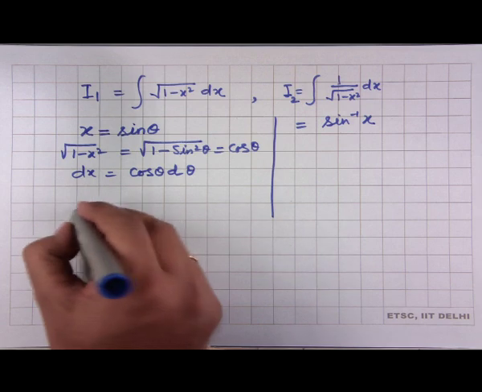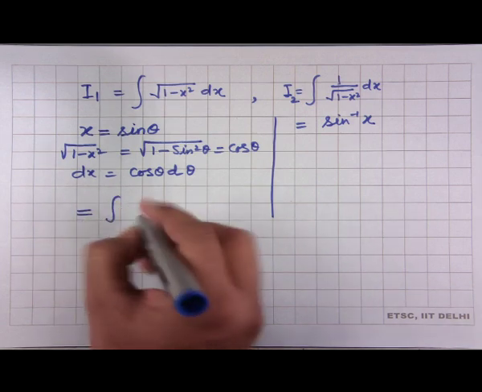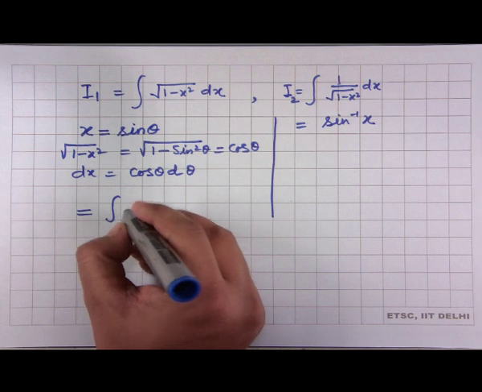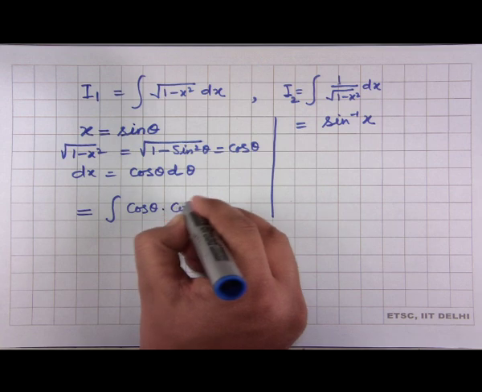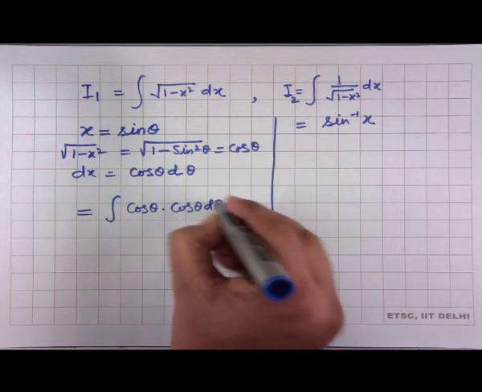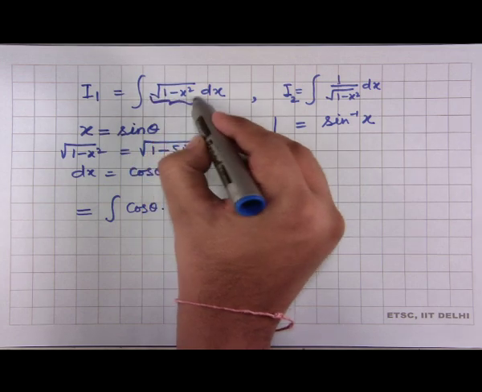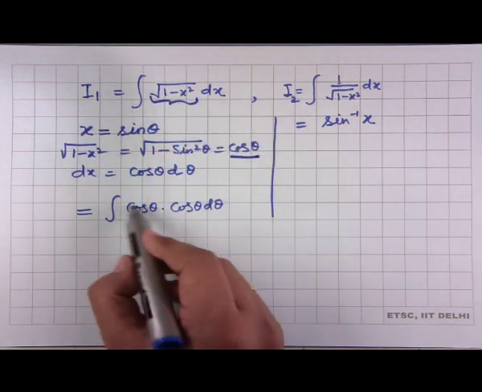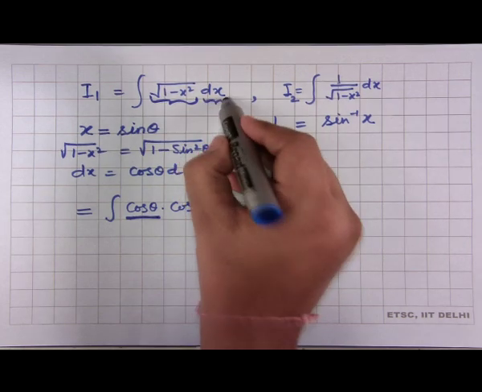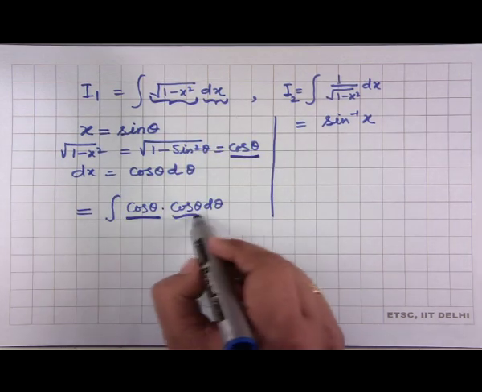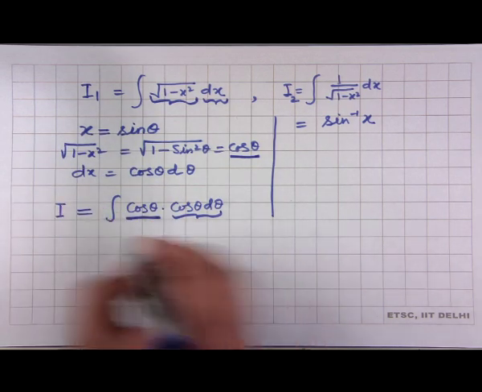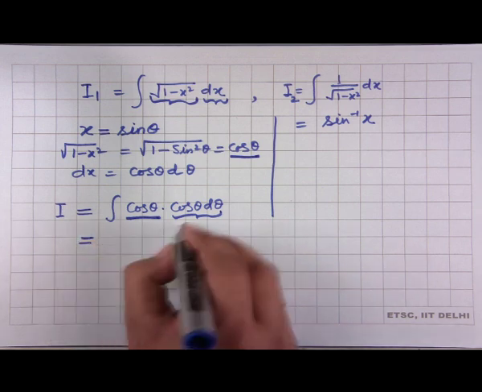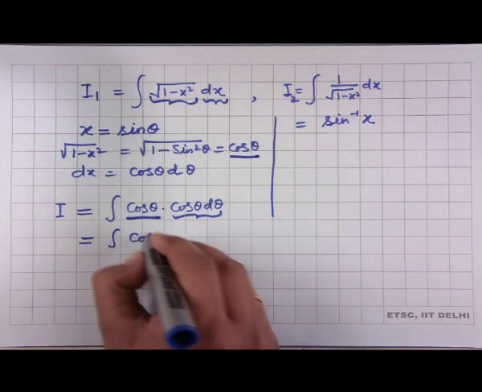So, I1 becomes integration of cos theta into cos theta d theta, which is cos squared theta.